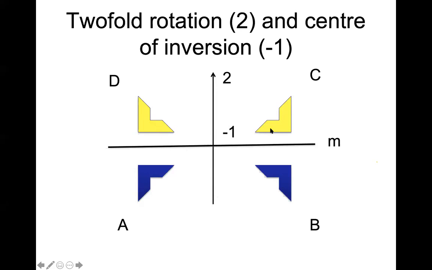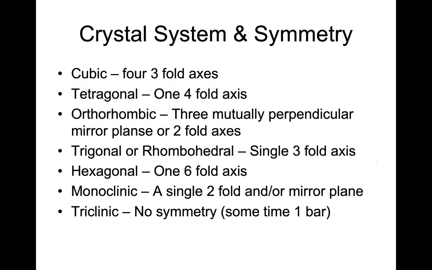This comes here, then you make a mirror plane perpendicular to this. So this will become this, and this will become this. So what do you get? A center of inversion. That's what it means. So the interaction of two symmetry elements, two-fold rotation and mirror plane, generates another symmetry element.